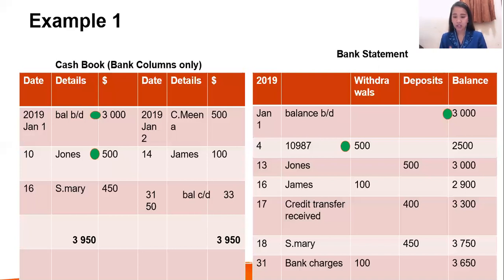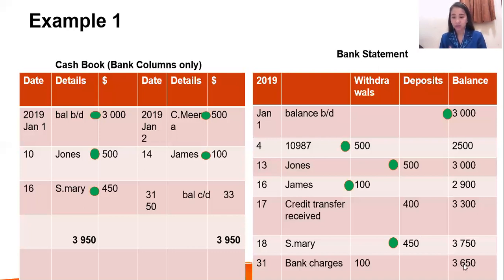Now next, what else is the same? 500 from Jones, and also here 500, and Mary, we also have Mary. Is that all? Oh, there is also James, and here also. So basically there are 5 transactions recorded by both the cash book and the bank statement.